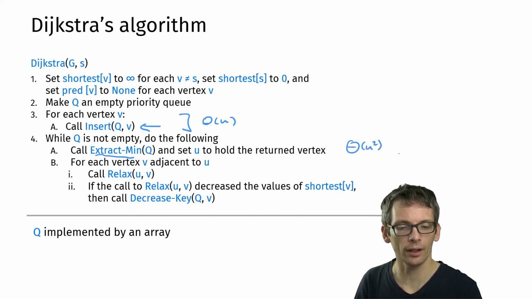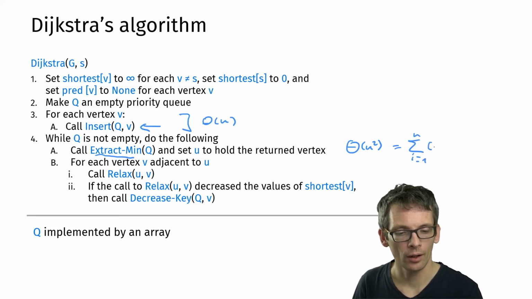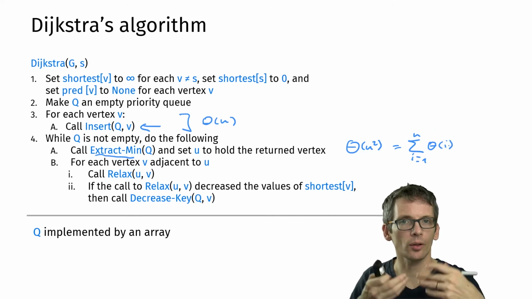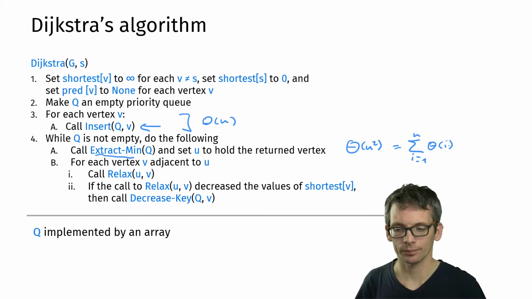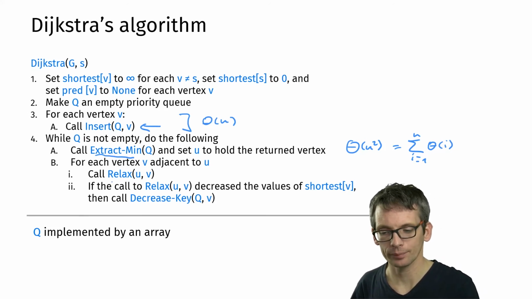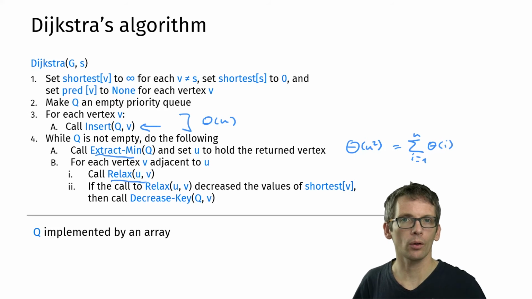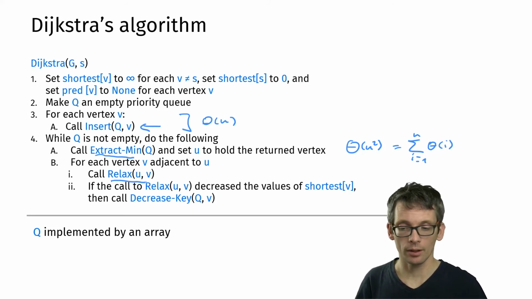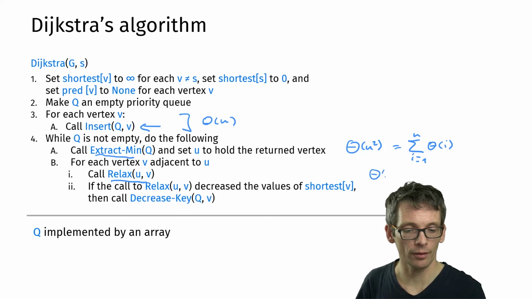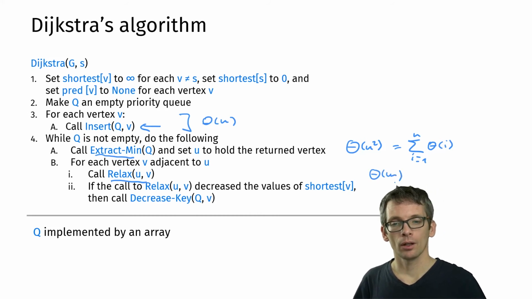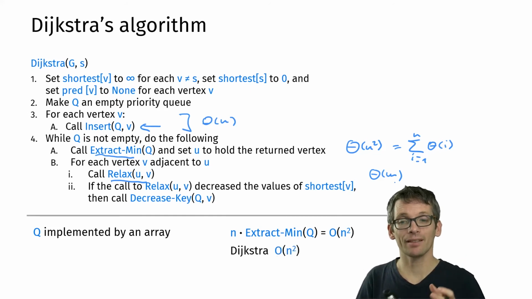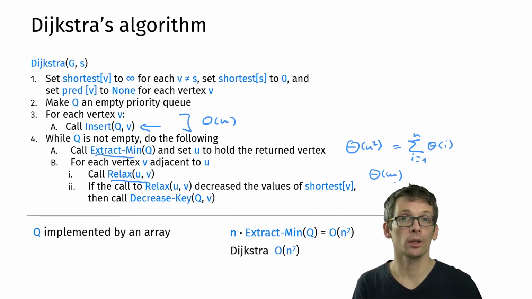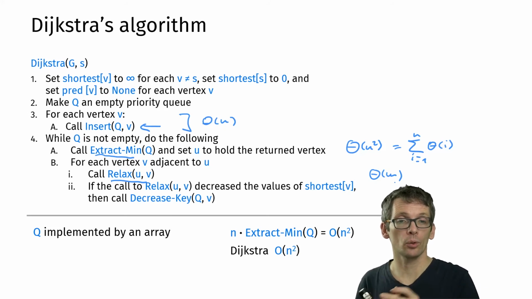If I count more carefully, I will get the sum i goes from 1 to n theta of i, but that is an arithmetic series that is also quadratic. And then the decrease key, I call that for every edge once, and it takes constant time, so that gives me a theta of m. So the bottleneck here is extracting the minimum. That takes quadratic time, meaning that Dijkstra's algorithm, if I use an array as priority queue, takes quadratic time.